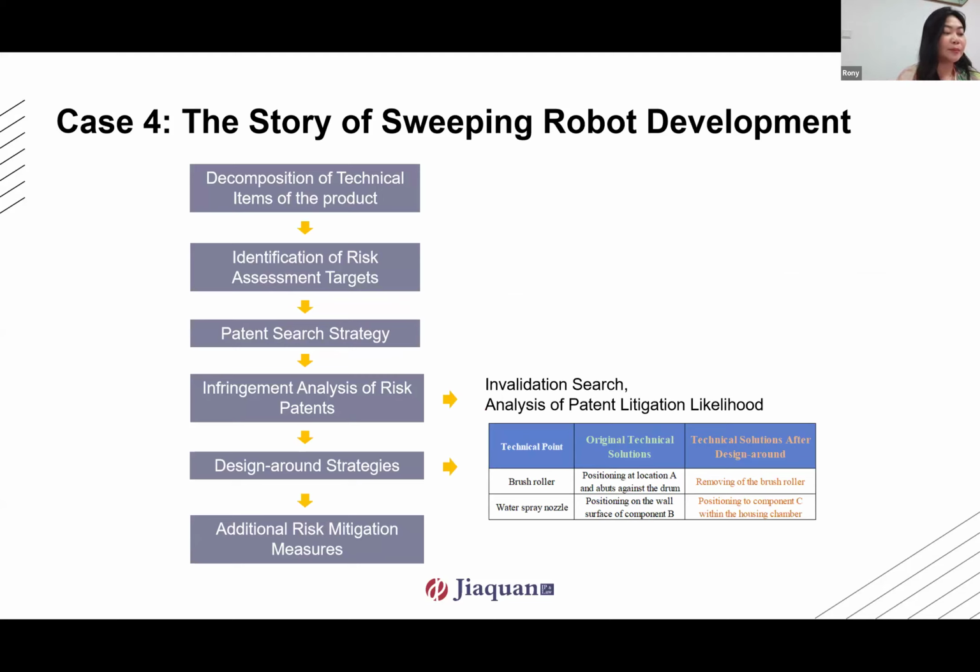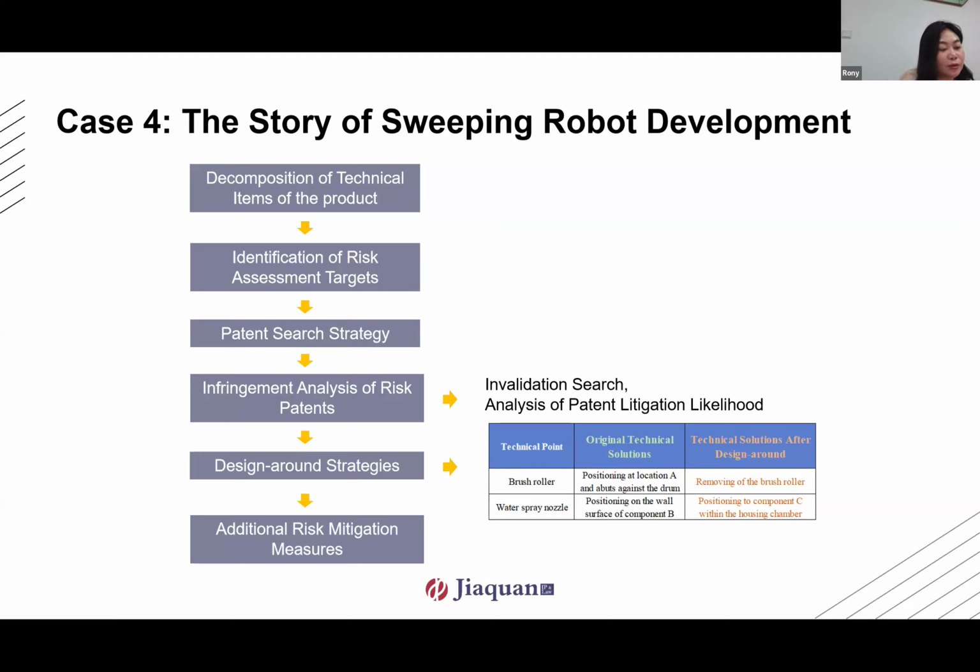And once the product has been mold opened, changing the product structure will incur very high costs. So generally, I highly recommend that clients carry out control of infringement risk in the early and middle stage of R&D. But faced with the current situation, I need to find a way to help the client solve this infringement risk problem as much as possible.